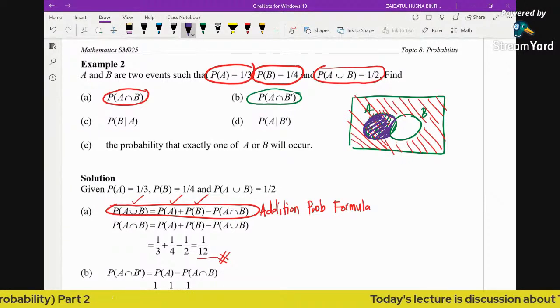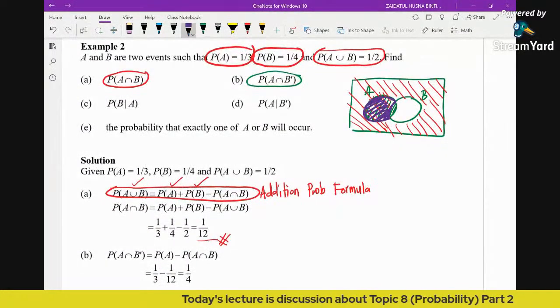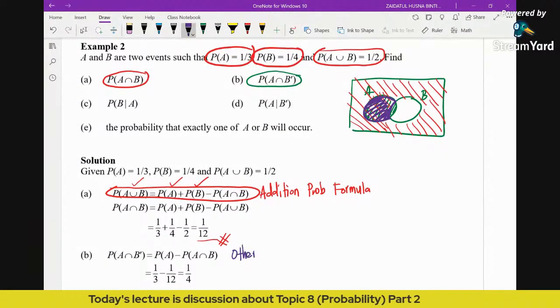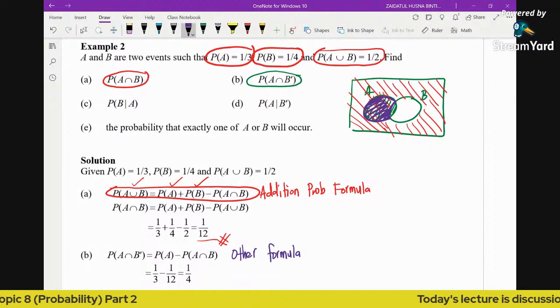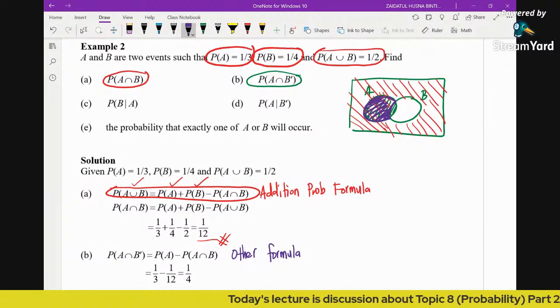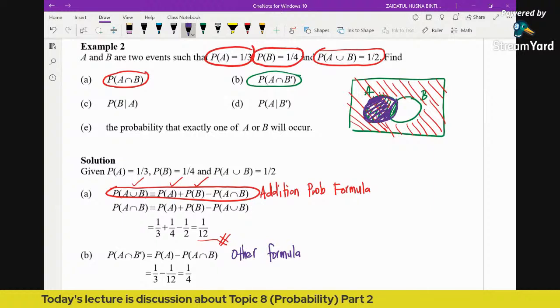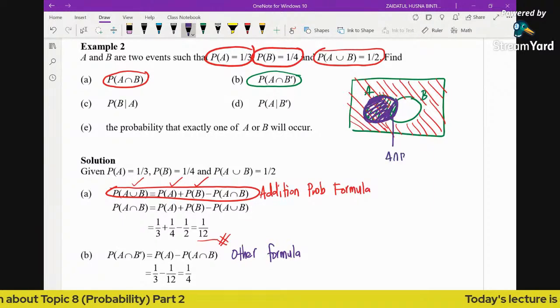How can we obtain the region? We are going to apply the other formula that we already discussed in the previous lecture. We can obtain the probability of A intersect B prime by having probability of A minus probability of A intersect B. So the whole circle of A here, we subtract this region, because we know the region here is A intersect B. So P(A) minus P(A intersect B).